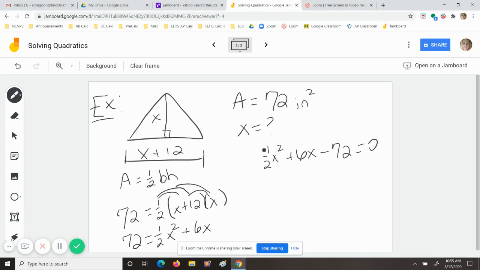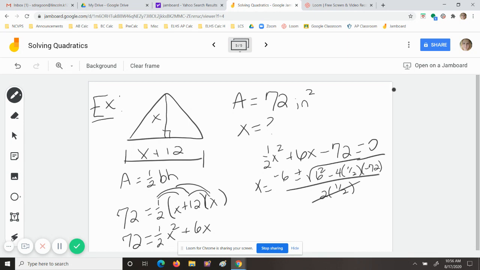Now let's solve for x. Again, we got to use quadratic formula. So x equals negative b, which is negative 6, plus or minus square root of b squared, so 6 squared, minus 4 times a times c, all over 2a, 2 times 1/2.